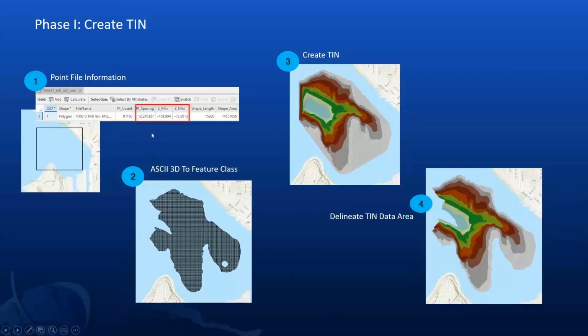And this is where the average point spacing really is important, because one of the inputs to this tool is what is the segment length where I should cut it off so that I'm not triangulating across these points here. So you define that length, and that gives you more of the true shape of your survey.